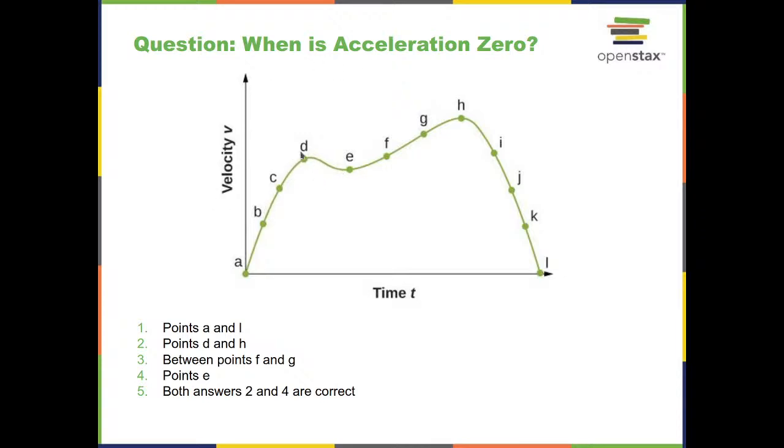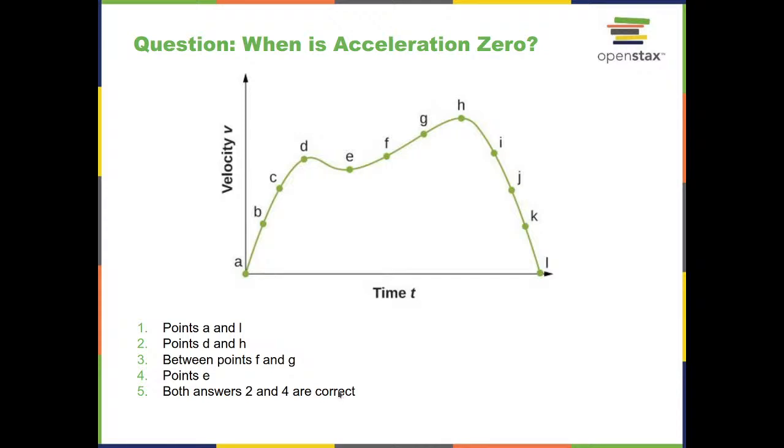So at point D here, we're at a maximum in the velocity. Instantaneous acceleration is 0. Instantaneous acceleration at point H is 0 because we're at a maximum in the velocity. At point E, we're at a minimum of the velocity. So again, instantaneously, the velocity is not changing. So points D, E, and H are the right answers. So both answers 2 and 4 are correct.